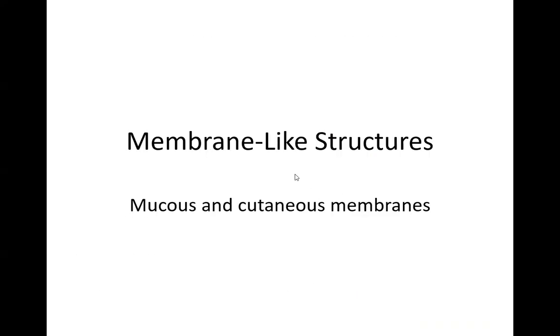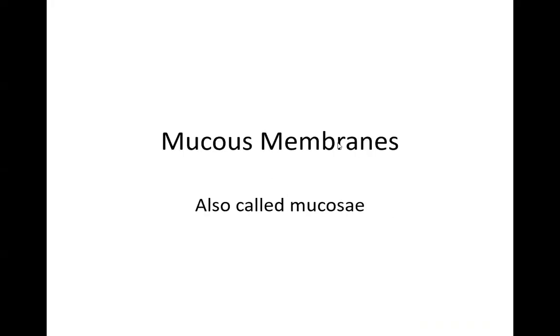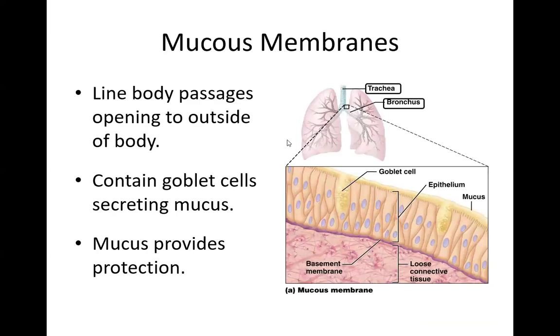So membrane-like structures, these are mucous and cutaneous membranes. The mucous membranes are also called the mucosa, and that is found obviously in your lung. They line the body passages opening to the outside of the body, and they contain goblet cells secreting mucus, and the mucus provides protection.